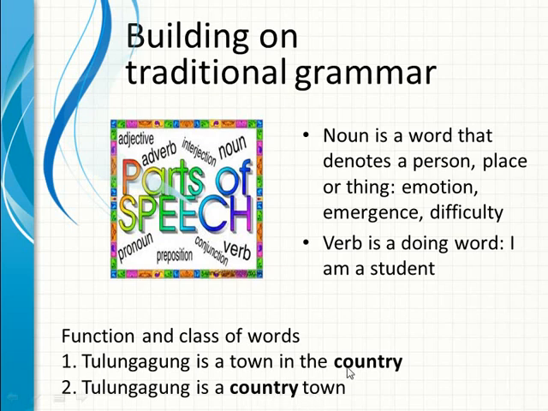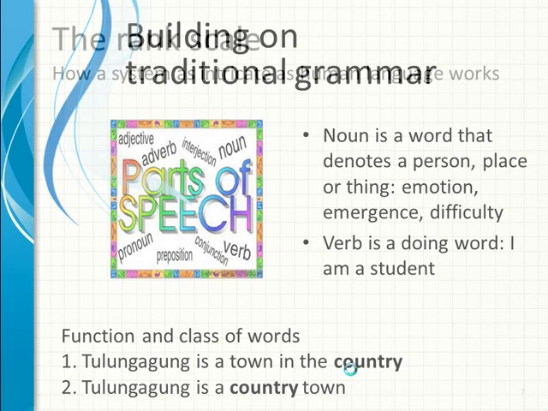So even though they are the same words, when they occur in a clause in different positions, they may have different functions. So that's why we want to discuss more about this.